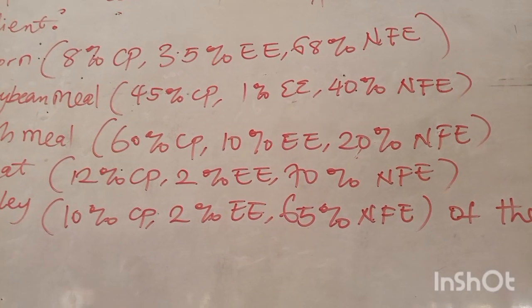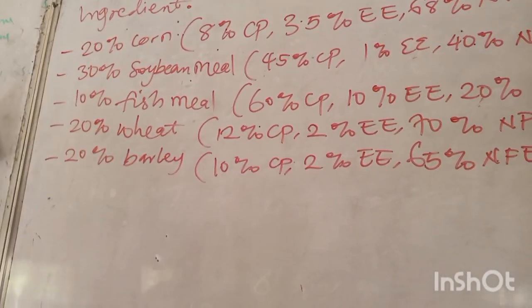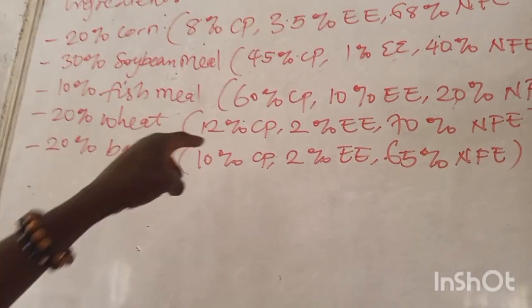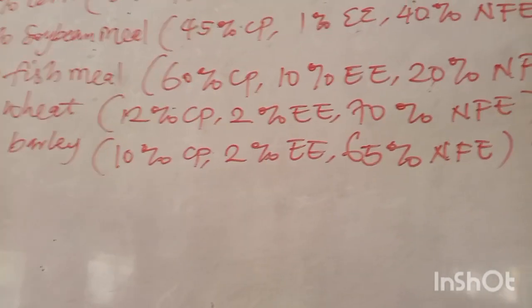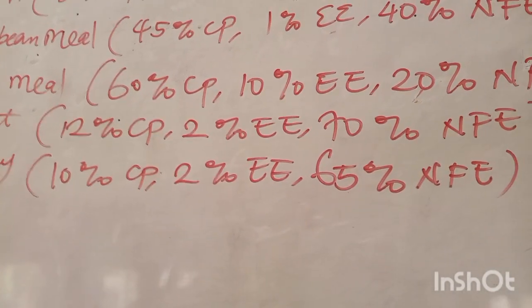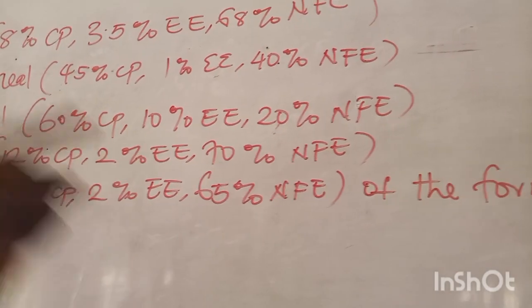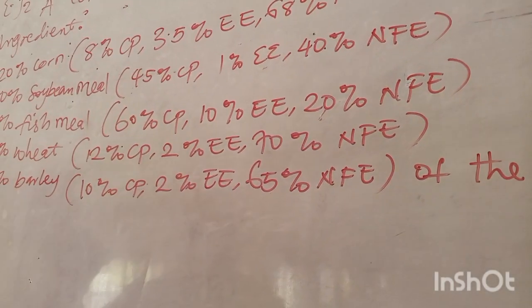Coming down to wheat, we have 20% wheat in the whole feed. In the wheat, the crude protein is 12%, the ether extract is 2%, and 70% is NFE in the same wheat of 20%.